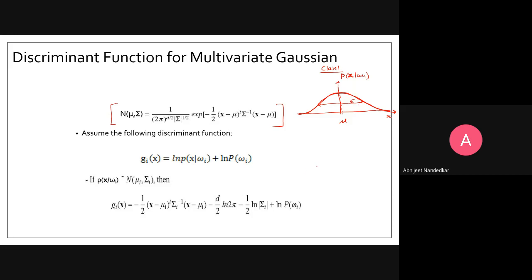I can repeat the procedure. I will go with all the samples which belong to omega 2, and then I find out the mean for class omega 2, and then I find out the standard deviation for omega 2, and then this will be called the likelihood of class 2.